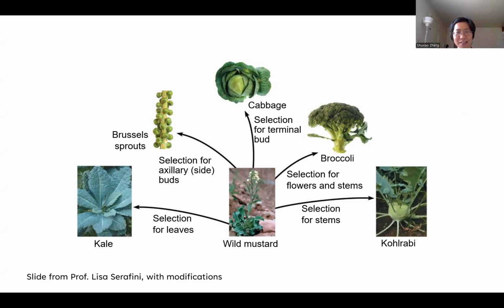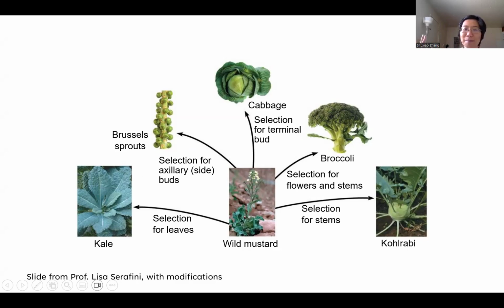And what happened is that the 8 species all look very different because you selected to overgrow certain organs of one species. So in this case, kale, Brussels sprout, cabbage, broccoli, kohlrabi, and also cauliflower, which is not here, they all came from the same species. It's all wild mustard. And this is artificial selection.